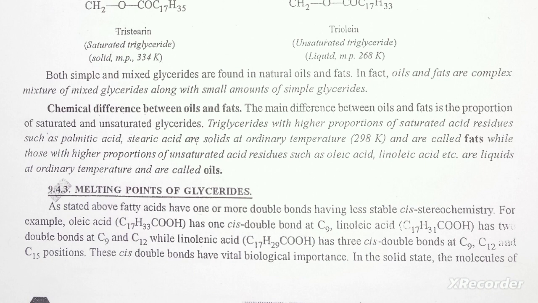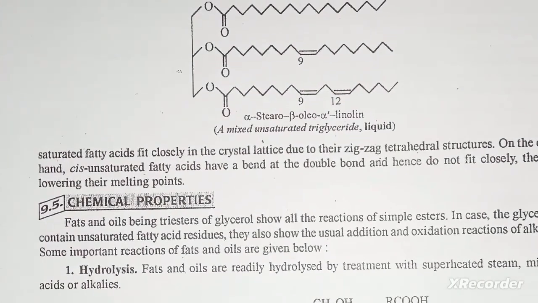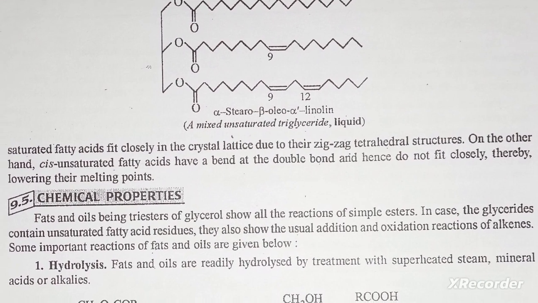These cis double bonds have vital biological importance. In solid state, the molecules of saturated fatty acids fit closely in crystal lattice due to their zigzag tetrahedral structure. On the other hand, cis unsaturated fatty acids have a bend at the double bond, hence do not fit closely, thereby lowering their melting point.